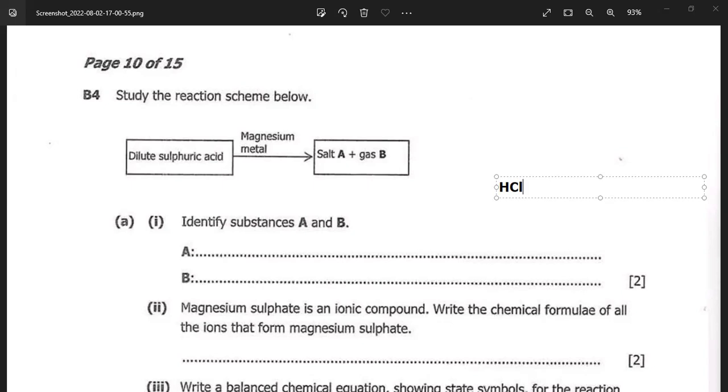Therefore, sulfuric acid is H2SO4. When that H2 is replaced by magnesium, what you have is magnesium sulfate. That means salt A is magnesium sulfate.